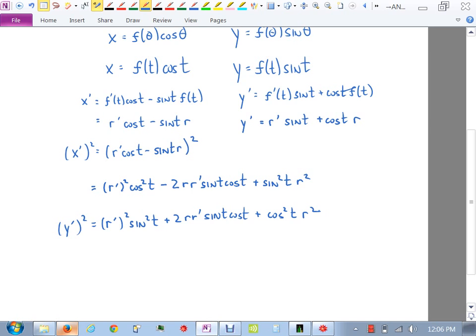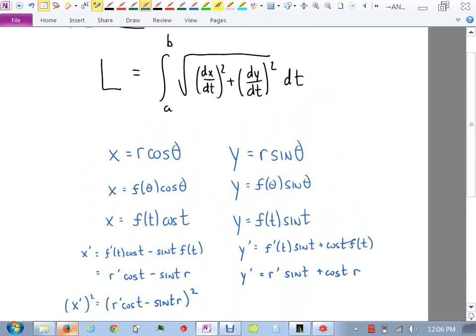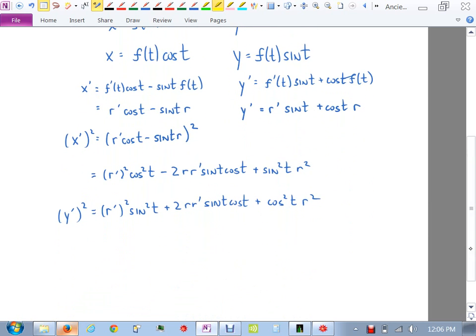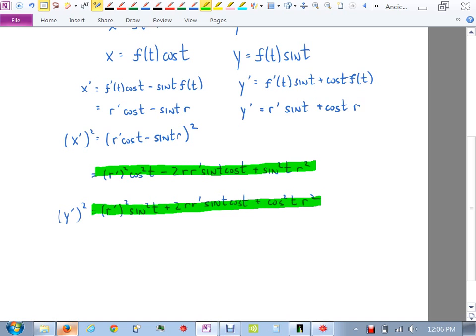What a pain, right? I mean, I understand I'm working through that kind of quick, but I'm just showing you where this formula comes from. And now, in the formula, look back up here, what am I supposed to do with the derivatives squared? Add them. So let's just take the two answers we just got and add them together, and let's see what happens. I'm saying take this and add it to this.